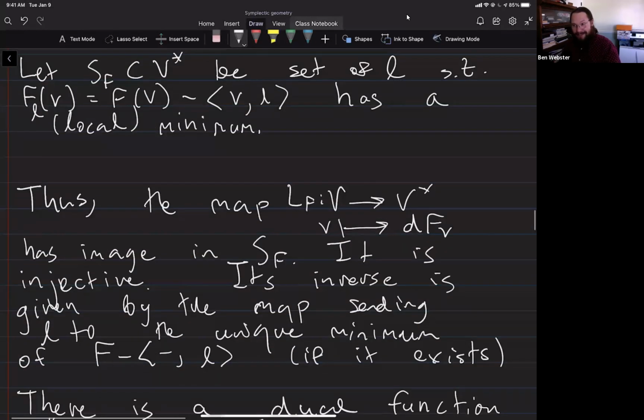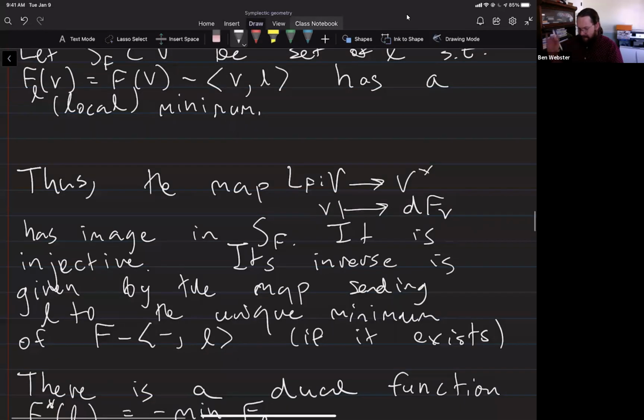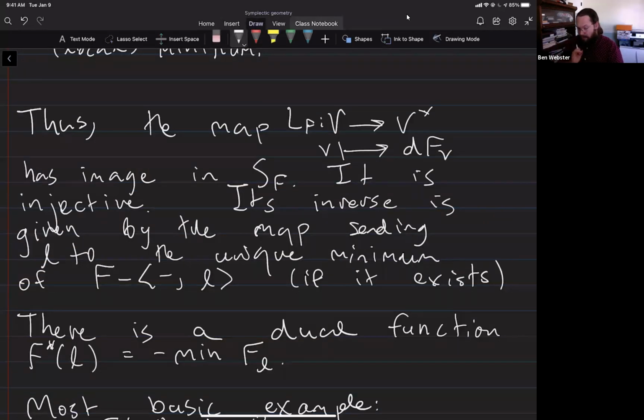So we just discussed that if I define a map from V to V dual by V gets sent to the derivative at V, that has to have image in the stable set. And in fact, it's an isomorphism. So I can invert this function on the stable set by sending the element L in V dual to the unique point, which is the minimum of f minus that guy thought of as a function.